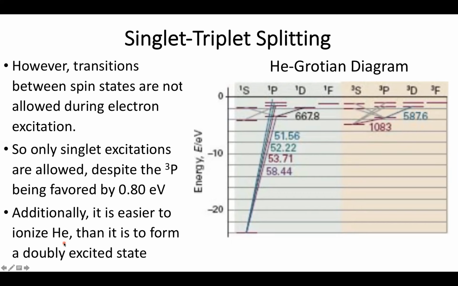So if I have to choose between exciting 2 electrons or ionizing the system, you will always get rid of 1 electron entirely, which is slightly problematic for excited states, but makes it a much easier system to study, which we will take advantage of.